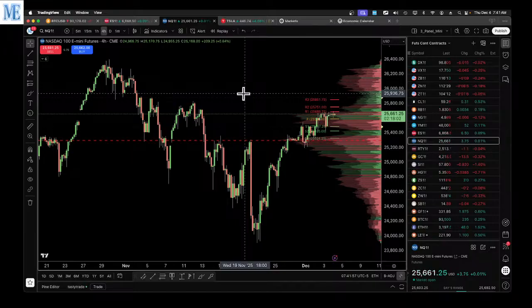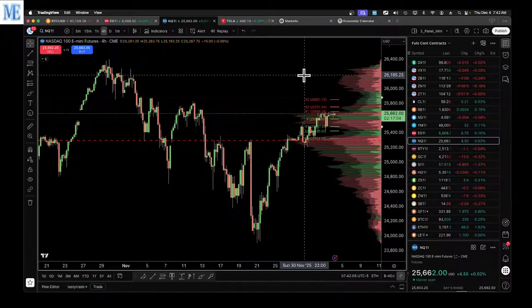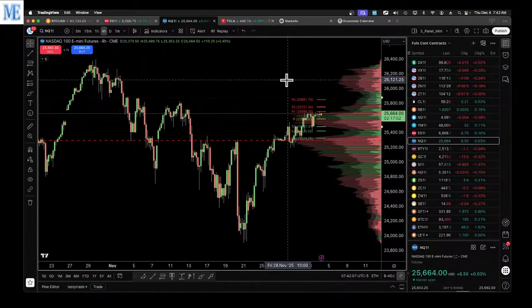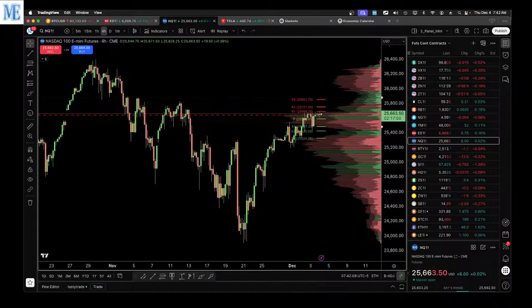But otherwise, if we get momentum to the upside in the NASDAQ, I'm likely not going to stand in its way and think it's going to pull back. Not at this time. So anyway, that's kind of my thing on the NASDAQ. And if we do blow below S3, it can get really, really dicey from there.